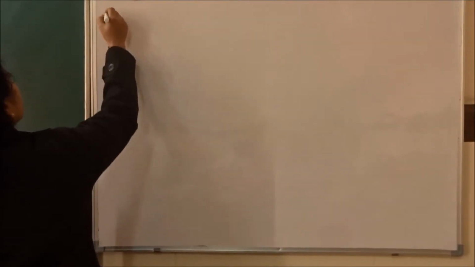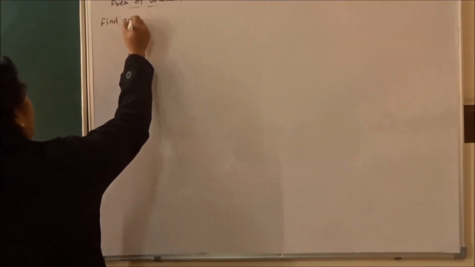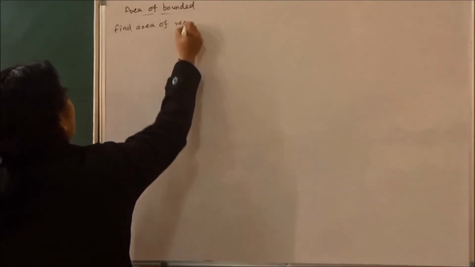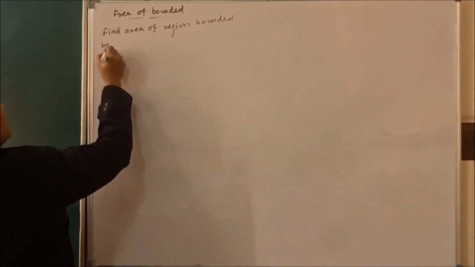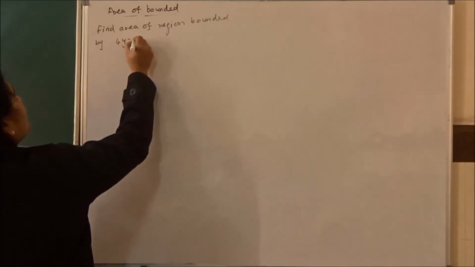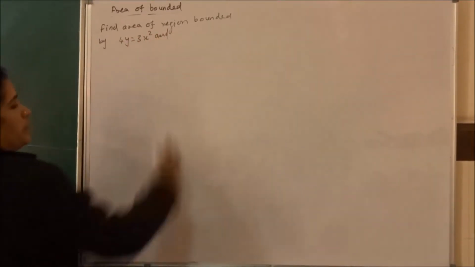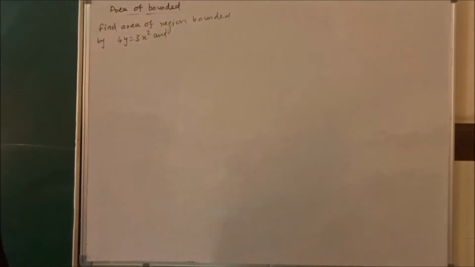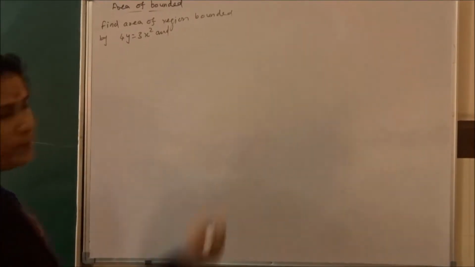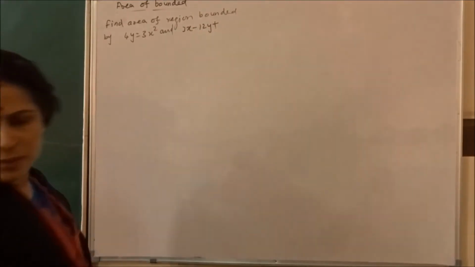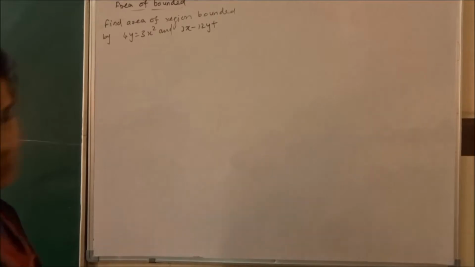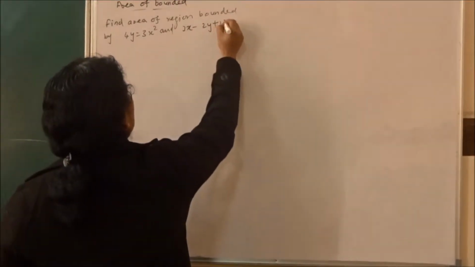Find the area of the region bounded by 4y equal to 3x square, and another line given here, 3x minus 2y plus 12 equal to 0.